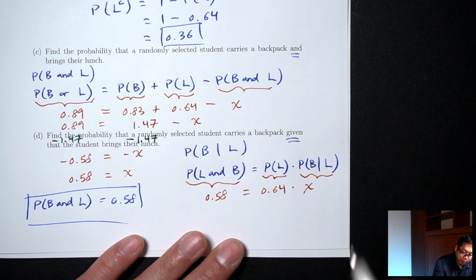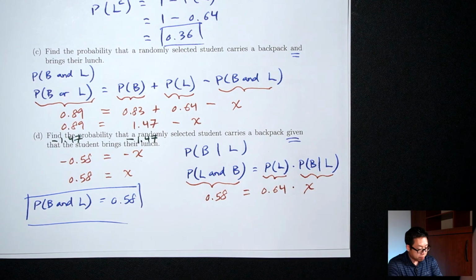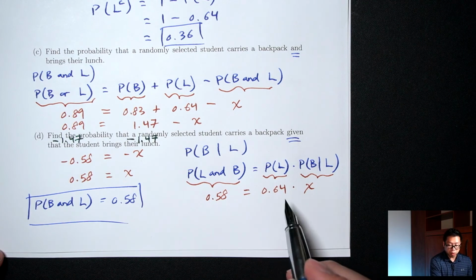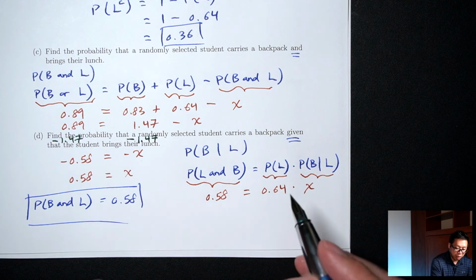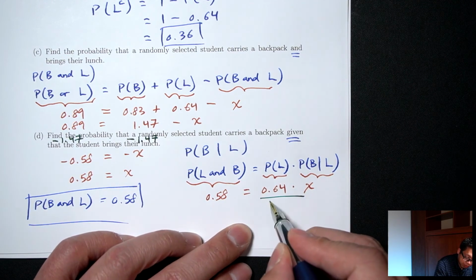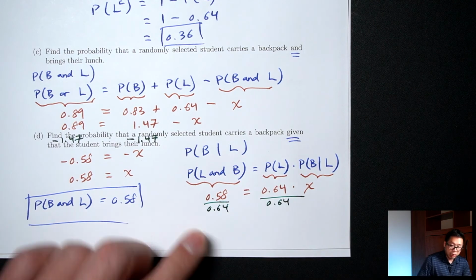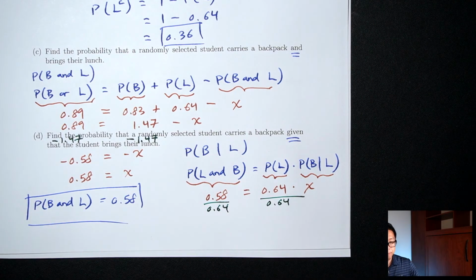B given L is actually what I'm looking for, so let me call that X. Our job is to get the X by itself, so we just have to get rid of this 0.64. It is currently multiplying, and to undo a multiply, you do the opposite, so you divide by 0.64. Left side, 0.58 divided by 0.64, rounded to 3 decimal places, is 0.906.